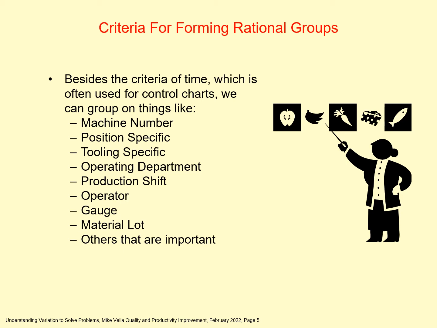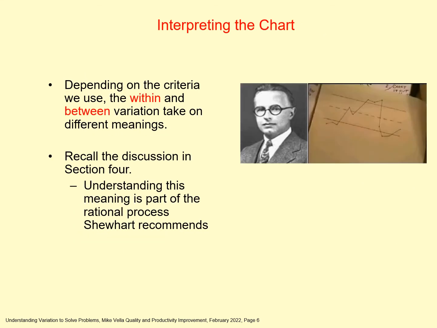Many, many different ways. It's really up to you to design the control chart so it tells you the information that you want, and you need to think about how you collect that data so that you can get the most information out of it. I'm going to give you a couple of rules for sure for you to follow.